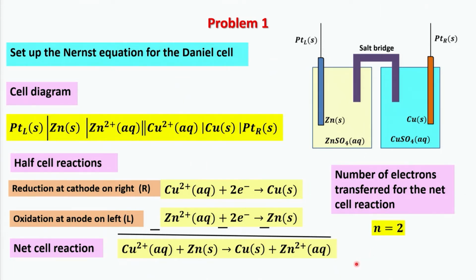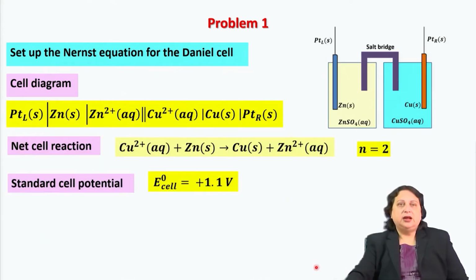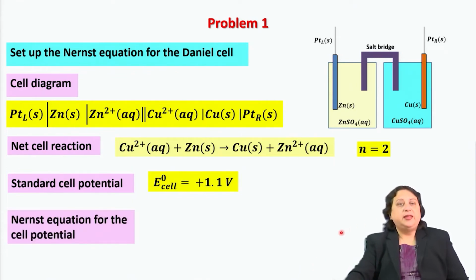So, in addition to the E naught cell, I now know the number of electrons transferred for the net cell reaction. Now, moving ahead, I know the standard cell potential, I know n equal to 2. Therefore, I can very easily write down the Nernst equation for the cell potential.